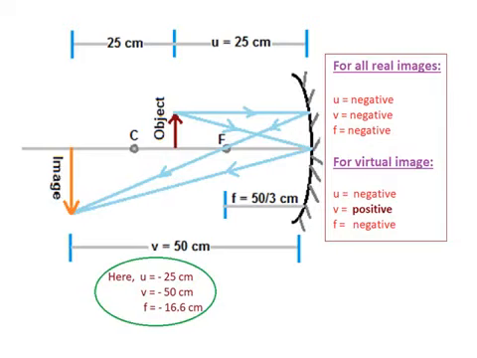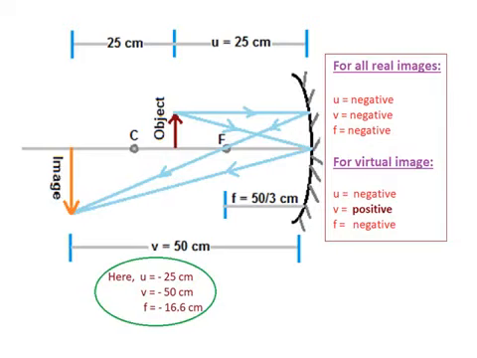They indicate the negative sign. Therefore u is not 25, it is minus 25. v is not 50, it is minus 50. f is also a distance on the left side of the mirror, therefore it is also minus 16.6 centimeter.